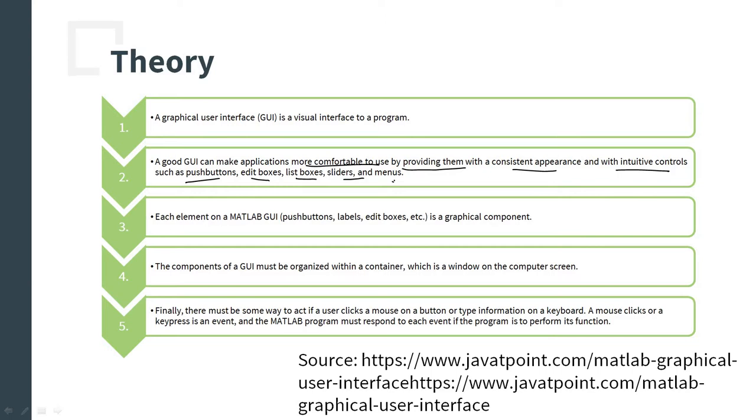You can enter one number, enter the second number, and when you push the multiply button, it will multiply these two numbers. Like in a calculator, you push buttons and multiply. Here also we can do this in MATLAB.